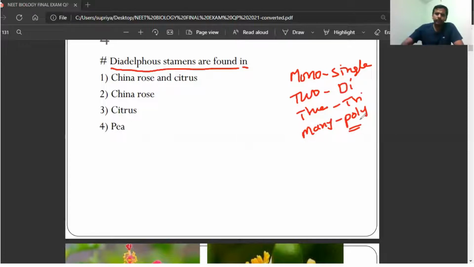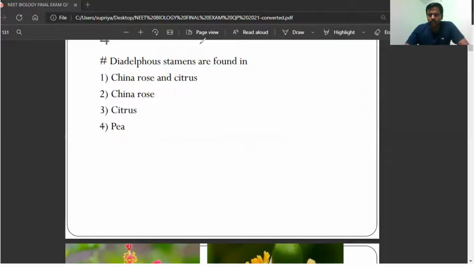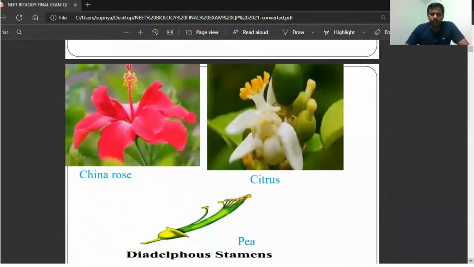Polydelphous. Now see the options given: option 1 China rose, 2 and 3 citrus, and 4 Pea, that is Pisum sativum. Now see the condition of the stamens in the given flowers. In a China rose, Hibiscus rosa sinensis, the stamens exist in a single bundle.